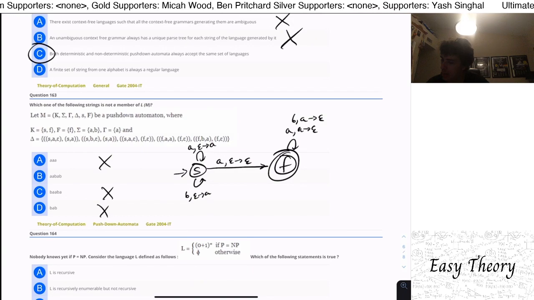So A, B, A, B. So that last B must be over there in the F state. A, B. I must have copied it wrong.